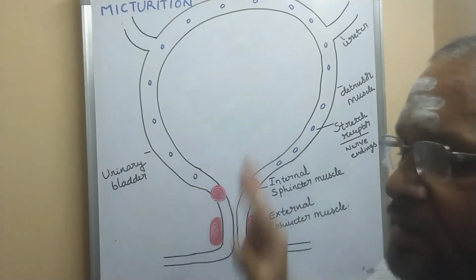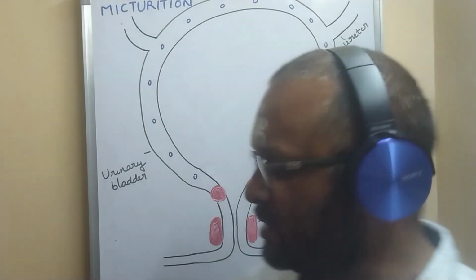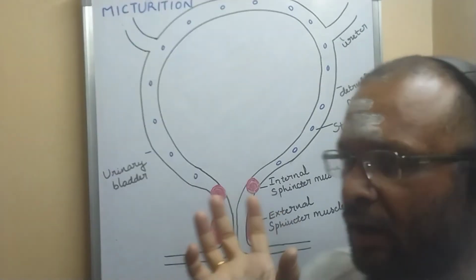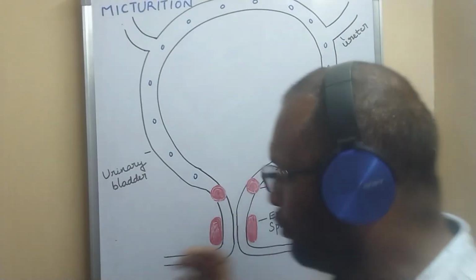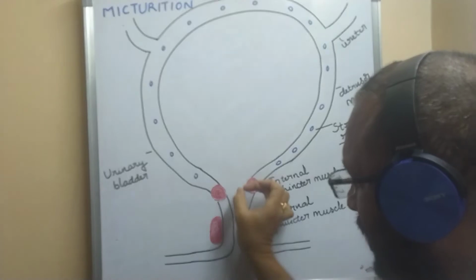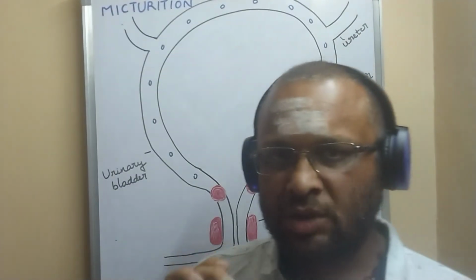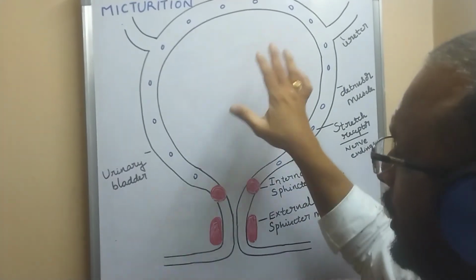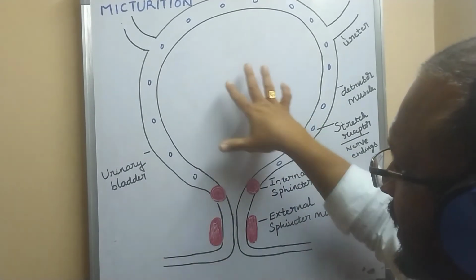When the urine gets deposited, both the internal sphincter muscle and external sphincter muscle are in a contracted stage. That means both close the urethral passage, and automatically the urine will be retained.